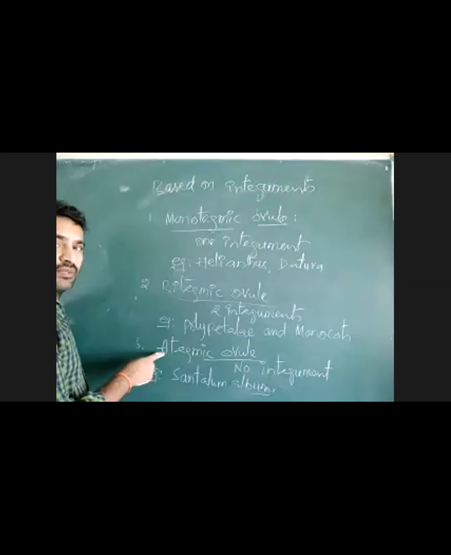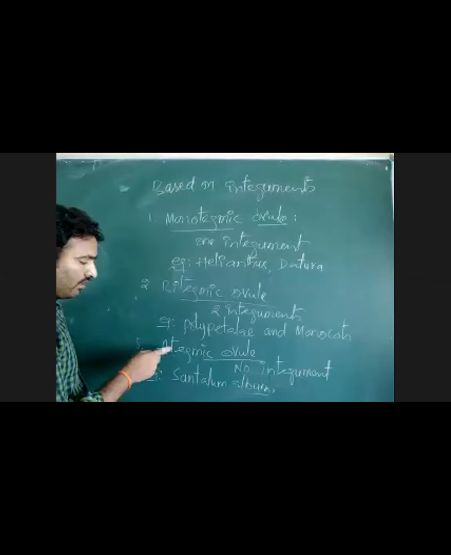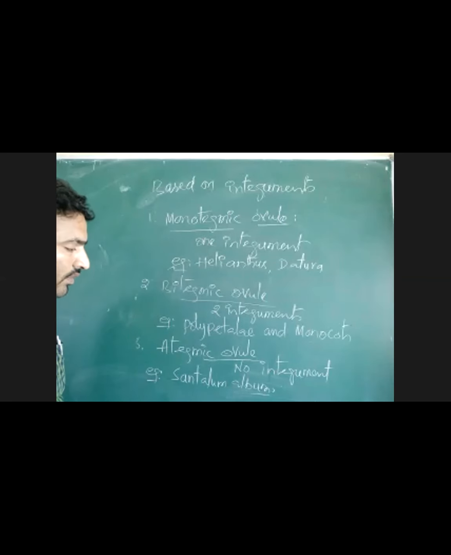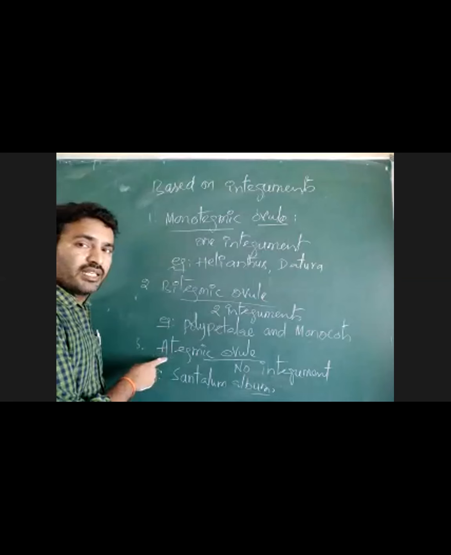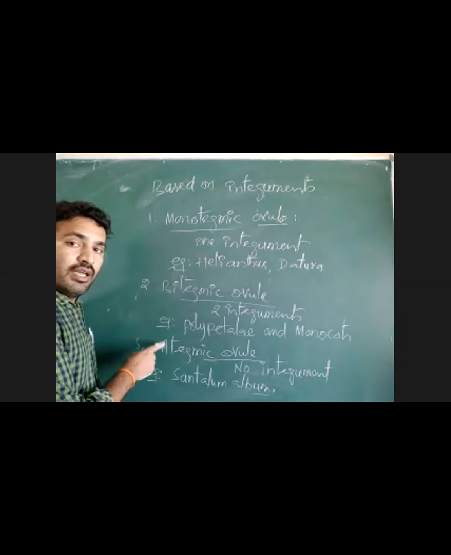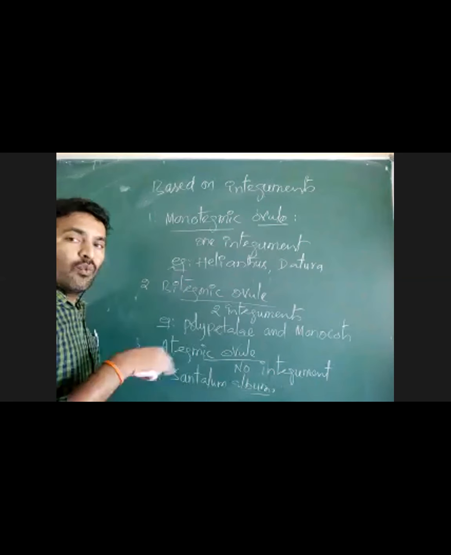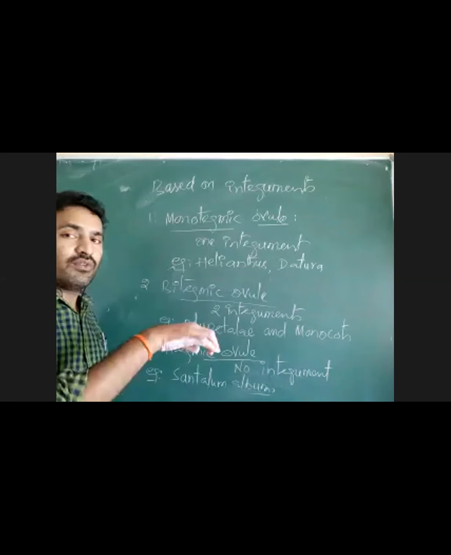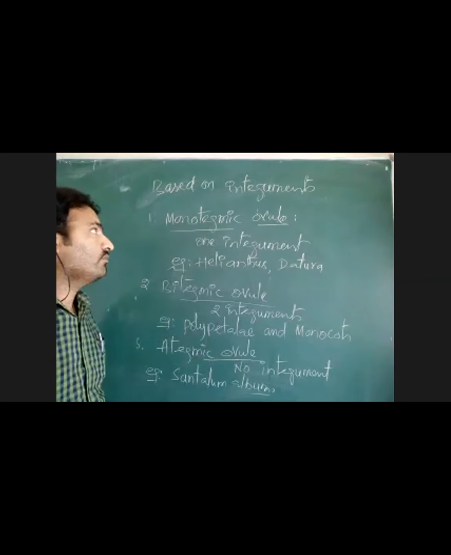Even though there is no integument, there is no problem, because the nucellus is in a naked condition. Ategmic means naked megasporangium or naked ovule. It is protected by the ovary wall, since it is present inside the ovary. These are the three types of ovules based on the number of integuments present in the ovule.